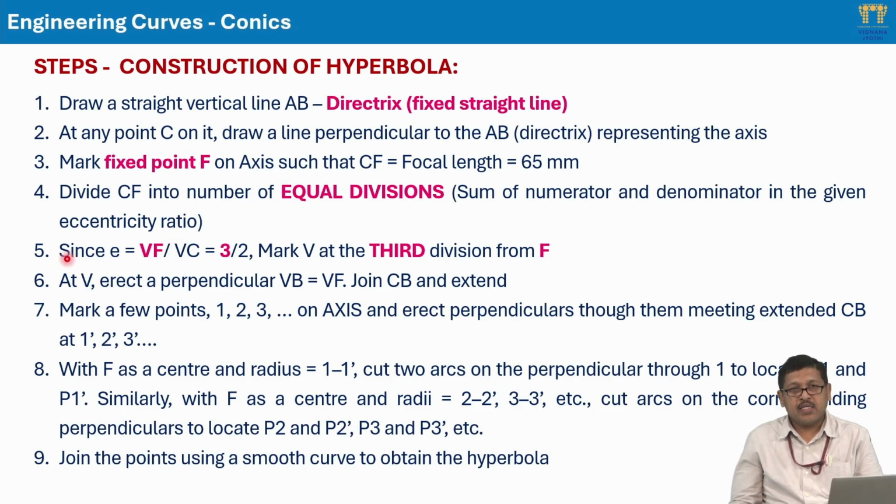Next, after dividing the focal length into 5 parts, we know that eccentricity is given by the ratio VF by VC. What is V? V is the vertex, F is the focus, and C is the point on the directrix. So we equate this eccentricity ratio with the given value. E is equal to VF by VC, which is equal to the given ratio 3/2.